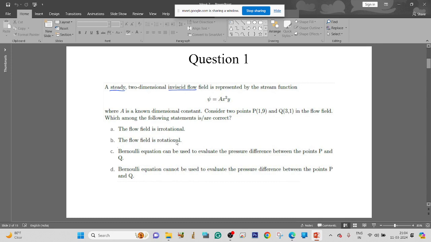And since it says is or are, more than one option may be correct. So first we check the rotationality, and next whether Bernoulli equation can be applied, based on the assumptions we use in Bernoulli equation. So you can solve this question, right?